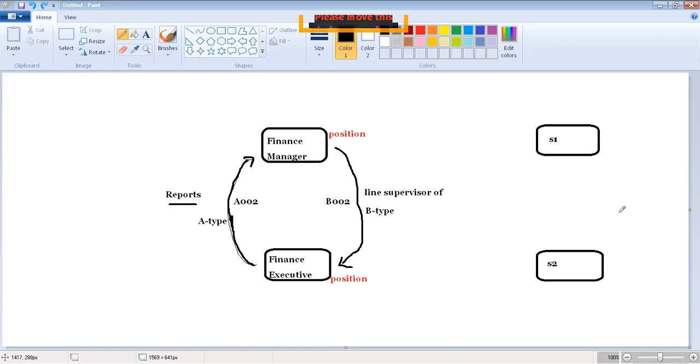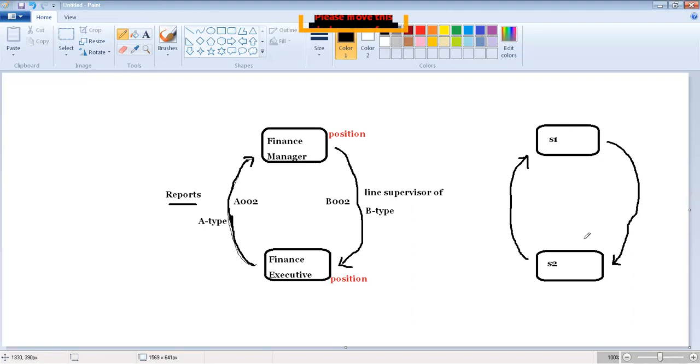For example, these two objects are there. You are creating B002 relationship like this and leaving it like that. Then the system is automatically creating A002 again. So this is maintained.